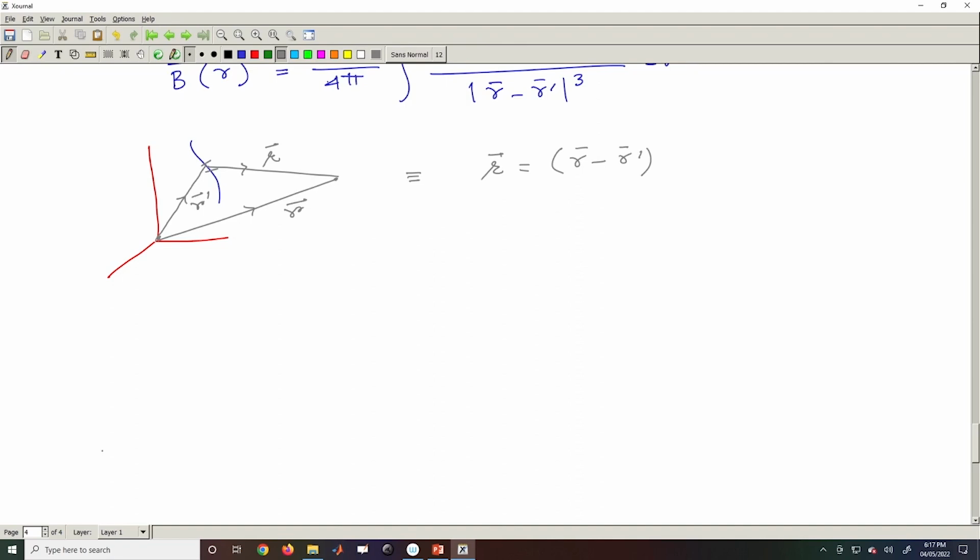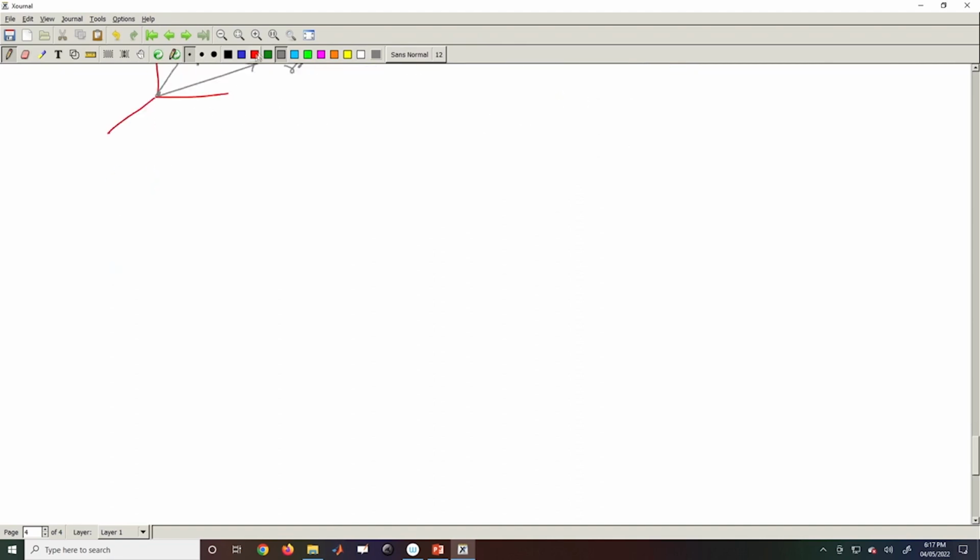So let us replace this in the expression of the Biot-Savart law. So the B now as a function of r is mu 0 divided by 4 pi, then integration of J which is at r prime, cross curly r unit vector divided by curly r square dv prime. This is my Biot-Savart law.